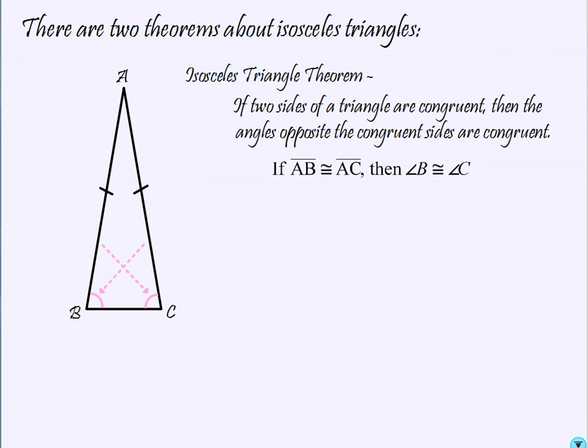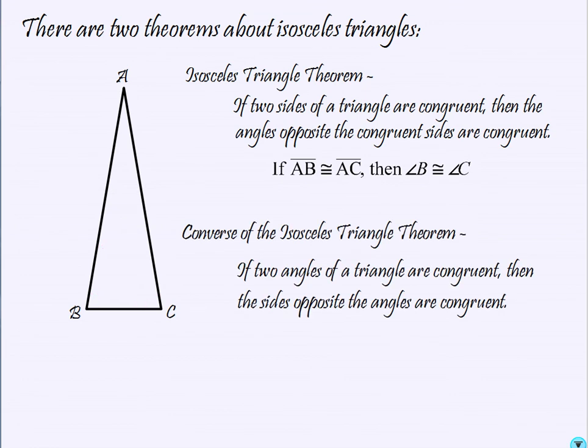To go with that, we have what's called the converse of the isosceles triangle theorem. And basically it takes those two portions, those two half sentences, and switches them around. This time we're able to say if two angles of a triangle are congruent, then the sides opposite those angles are congruent.